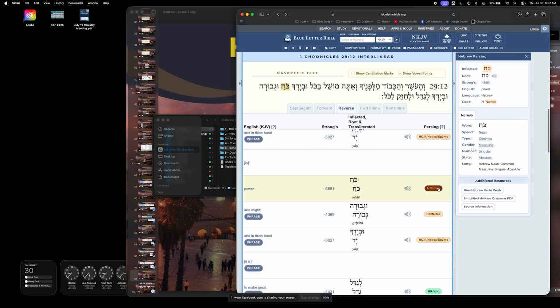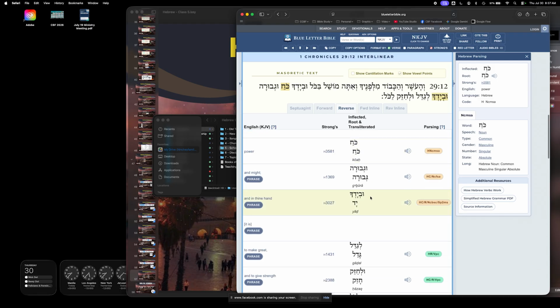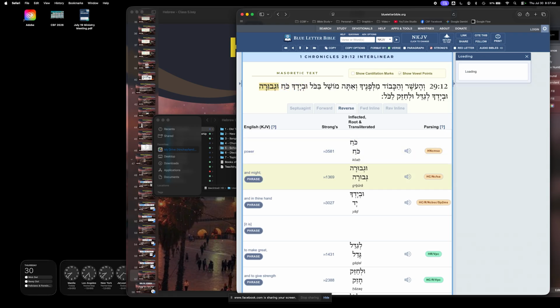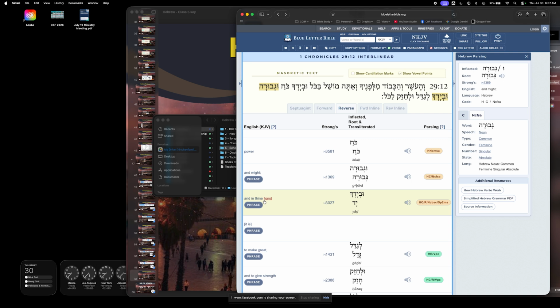Okay, power, let's look at our grammar. It is just simply a noun. So there's nothing really added to it. Power and might. Here's our next word. So power and might. Funny how that works. English is a little different than Hebrew there. Power and might. What is the word might? Okay.